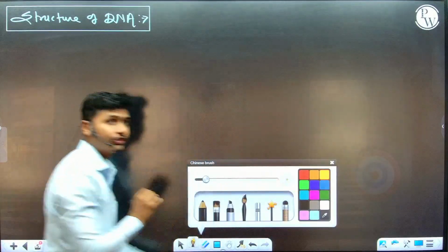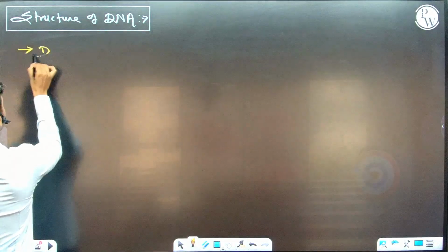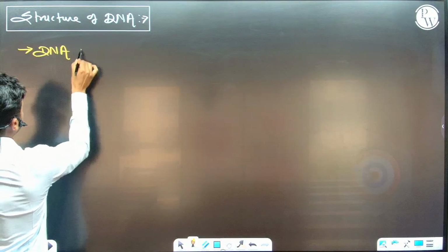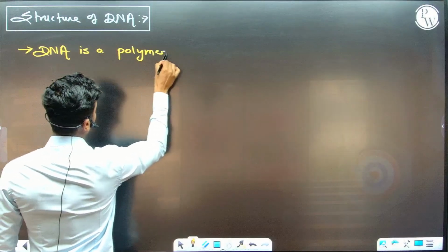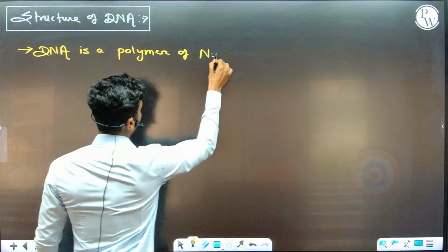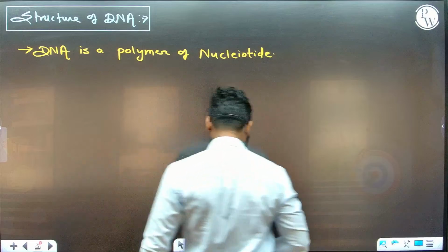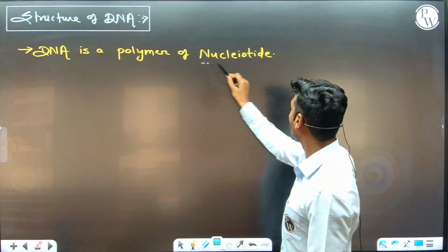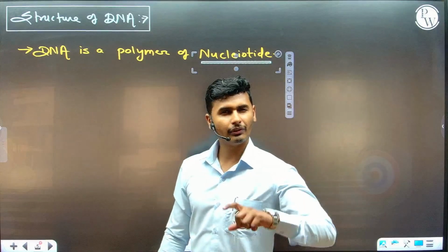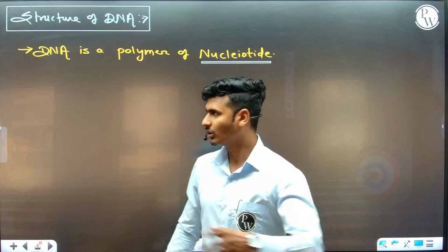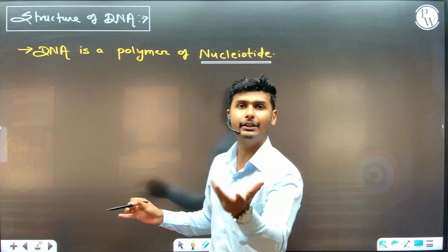So now, first line, I am writing here, DNA is a polymer of nucleotide. My first line mentioned here, DNA is a polymer of nucleotide. So to study DNA, we have to understand how a nucleic acid or nucleotide looks.